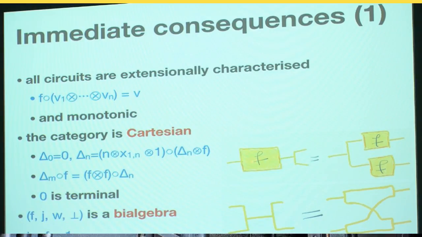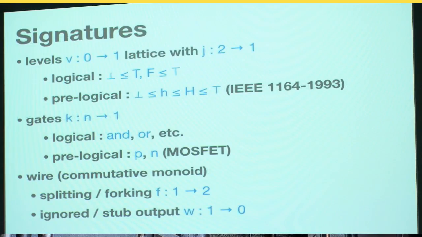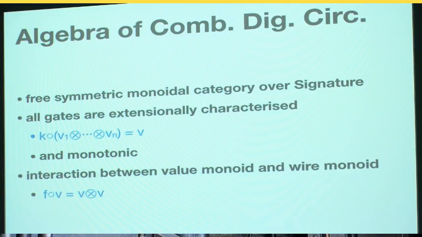And every circuit where I share the outputs, I can equally create two copies of the circuit and share the inputs instead. So the forking wire behaves like the diagonal in the Cartesian category. Sorry, I missed what these are immediate consequences of: our setting, of this and this.